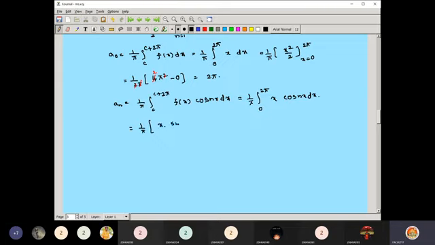Cos integration is nothing but sin nx, and since the coefficient of x here is n, we write divided by n. So cos integration, likewise minus integral of x derivative is 1, again cos integration is sin nx divided by n, of dx. So x limits 0 to 2 pi. uv integration: u into integral of v minus integral of derivative of u into integral of v, that is the principle.